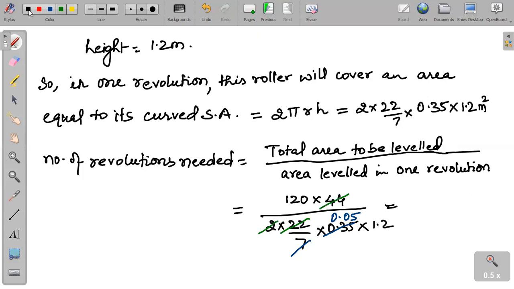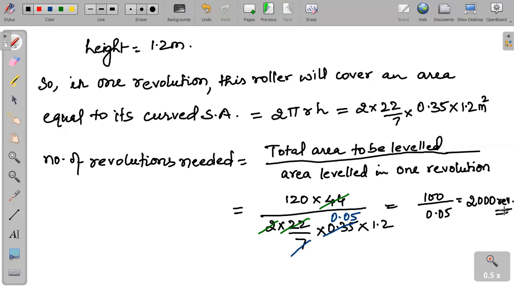What happened, beta? Let me say it slowly: 120 divided by 1.2 is 100 and this is divided by 0.05. 1 by 0.05 is 20, so it is going to be 2000 revolutions. Is that okay?